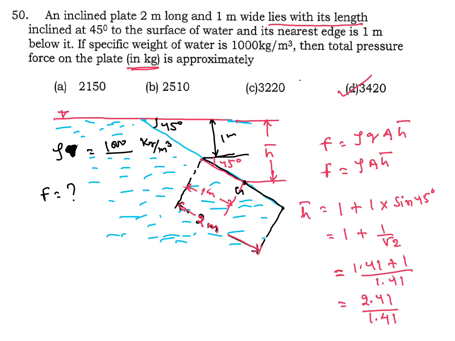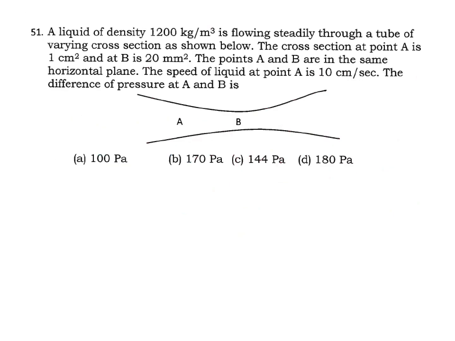A liquid of density 1200 kg per meter cube is flowing steadily through a tube of varying cross section as shown below. The cross section at point A is 1 centimeter square and at B is 20 mm square. The points A and B are in the same horizontal plane.